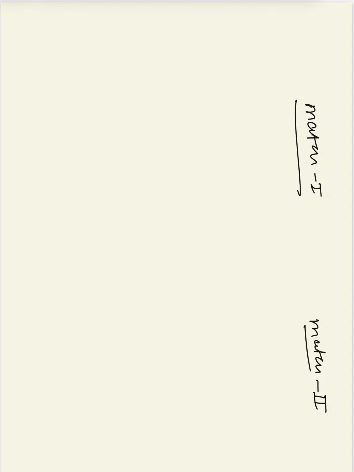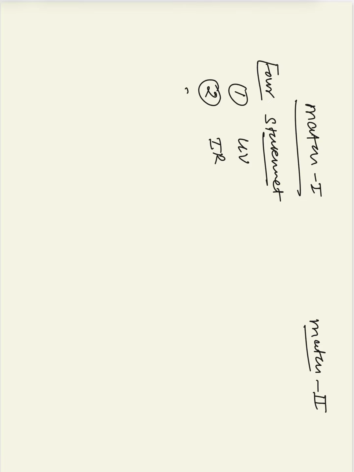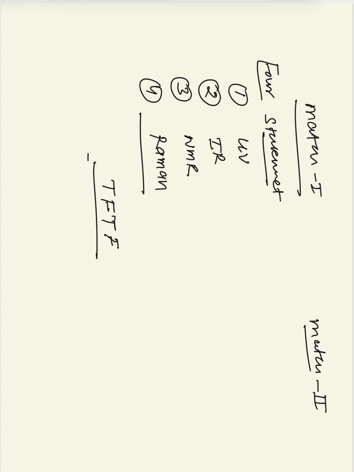There will be questions where they give four statements. The first statement will be related to UV spectroscopy, second IR spectroscopy, third NMR spectroscopy, and fourth Raman spectroscopy. Now there will be true, false. So that is the type of pattern RPSC is following this time.